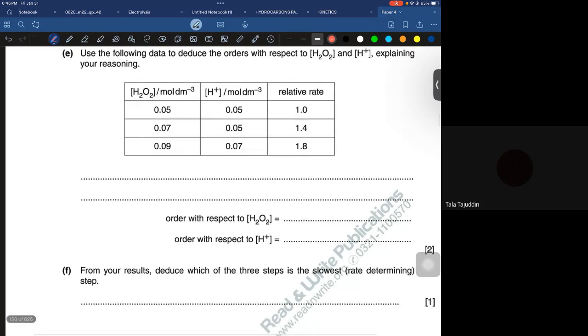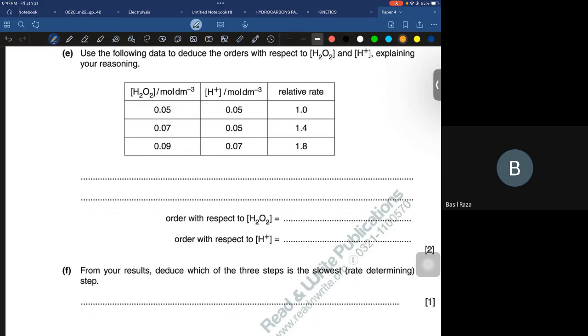Sir, is it second order with respect to H plus? Let me check this. Which experiments have you taken to find out the order of reaction with respect to H positive? Sir, with respect to H plus, it's 0.